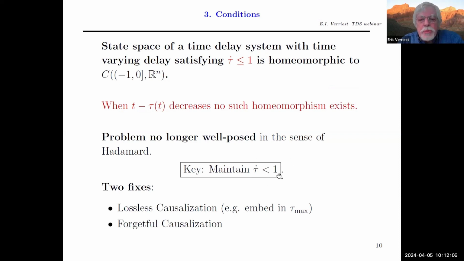So the key is to maintain tau dot less than 1 as a condition. Now, if you really insist on tau dot larger than 1, you can fix it, but then you have to change the structure of your system, because one thing we introduced was the so-called lossless causalization.